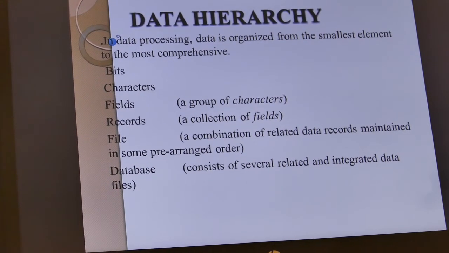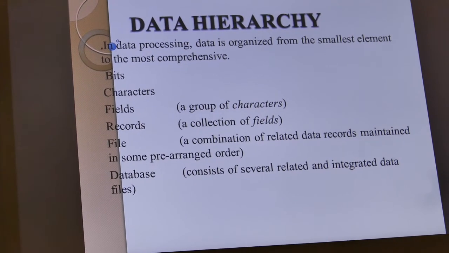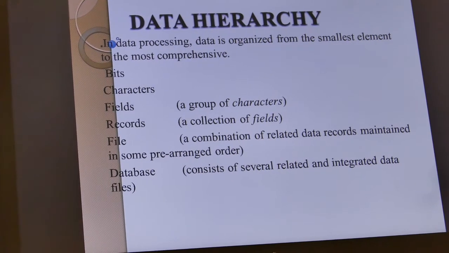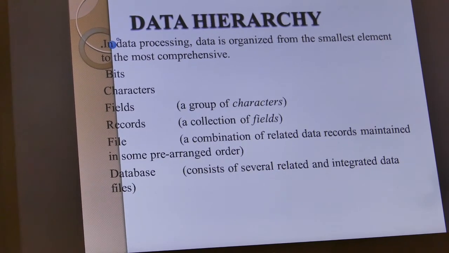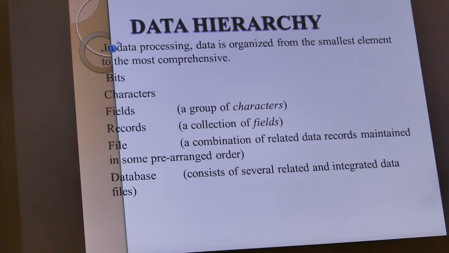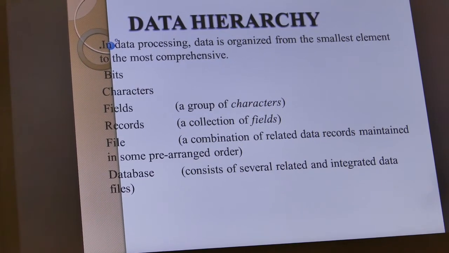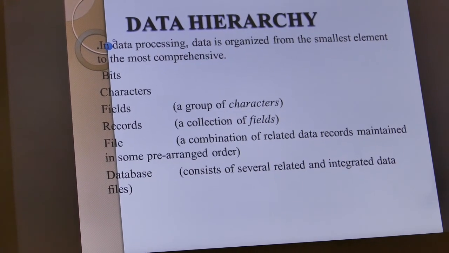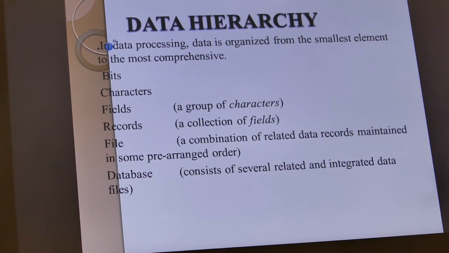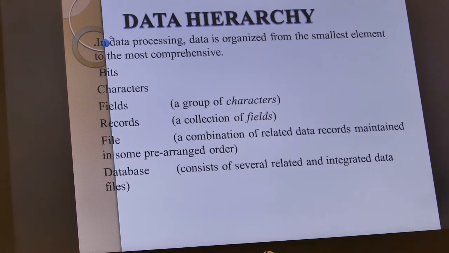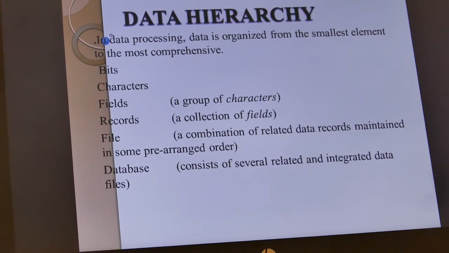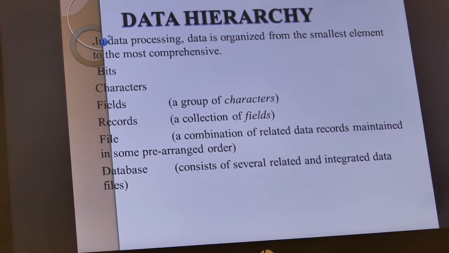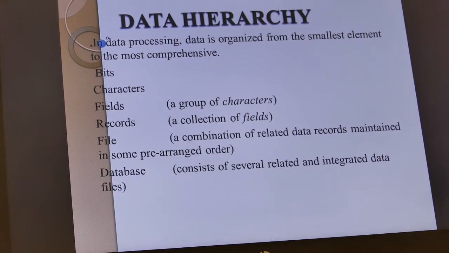Then after characters, we have fields. Fields are a group of several characters. Then records. Records are made up of several fields. Then a file. A file is a combination of related records. Then after the file, you get a database, which consists of several related and integrated data files.